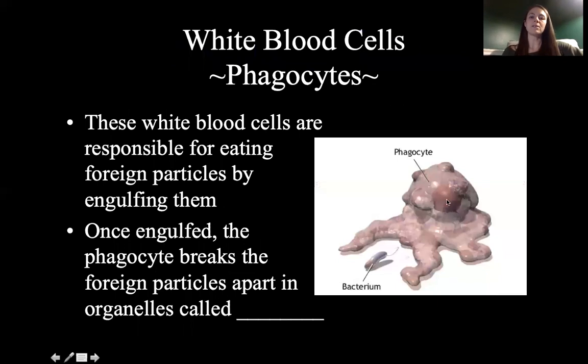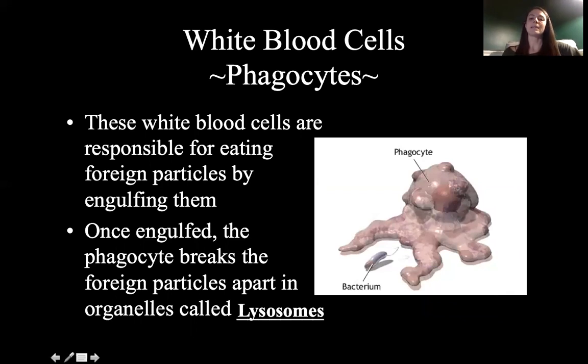And white blood cells are known as phagocytes. So phagocytes basically eat cells or they eat bacteria. They'll eat these foreign invaders. Once they eat them, they typically die. And then they're digested in those organelles called lysosomes that we talked about.